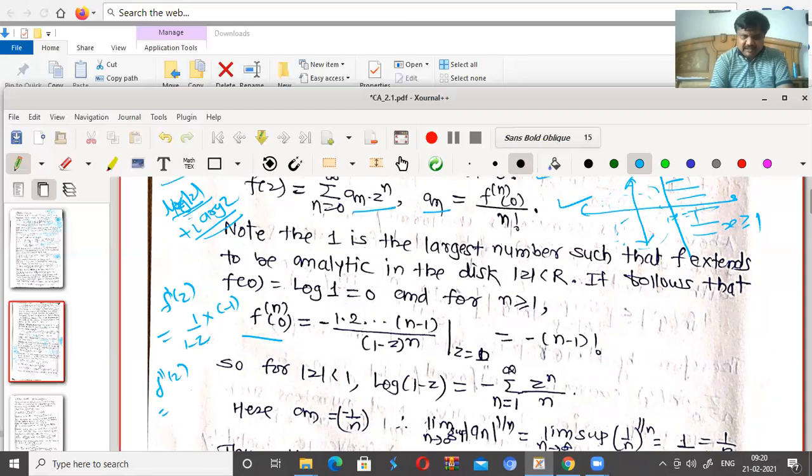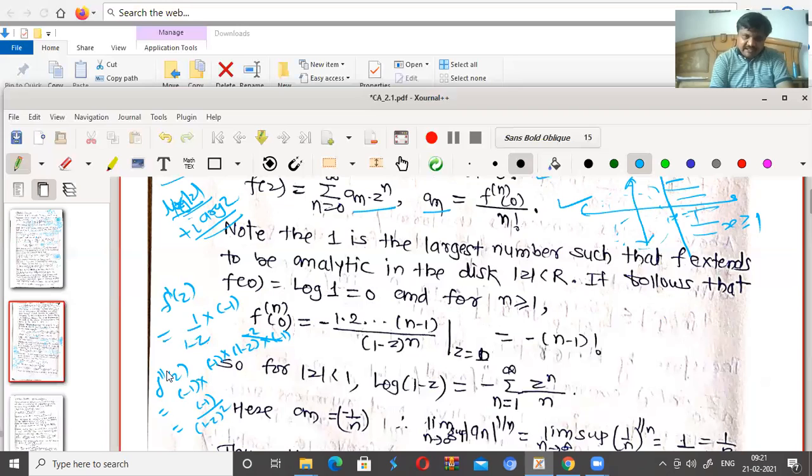Again, this minus 1 into the derivative of 1 upon 1 minus z, that is 1 minus z to the power minus 1, giving minus 1 into 1 minus z to the power minus 2 into again minus 1. So we get minus 1 upon 1 minus z to the power 2.